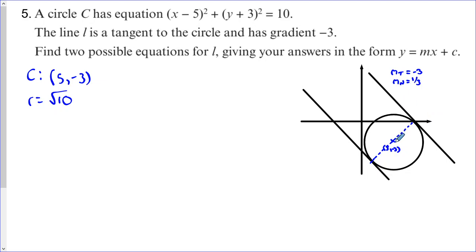And I know a point that that normal line goes through, so I can find out the equation of that normal line now. And then if I find where that line intersects the circle, I'll have found these 2 points, which together with the gradient give me the equations of the two tangents. So the equation of the normal is where we're starting.